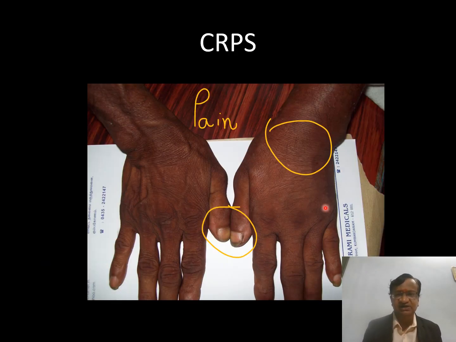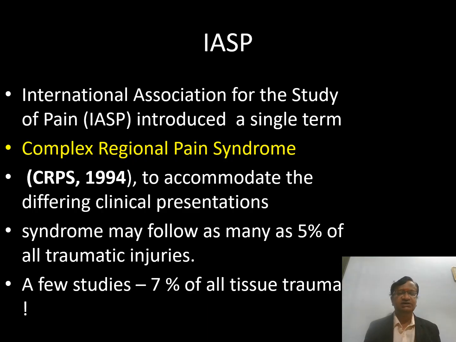Now you can see there is a swelling here, pain here, and there was an injury long back, 1.5 to 2 months back. This is a classical example of complex regional pain syndromes. The International Society of Pain coined a single term in 1994 to accommodate all the clinical symptoms.